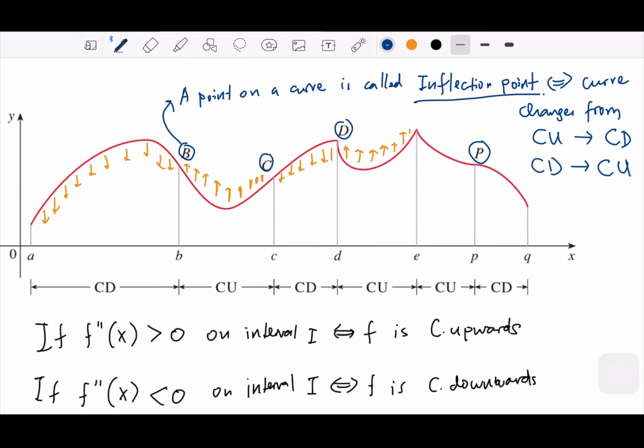So the first definition for the inflection point is when the curve is changing from downwards to upwards or upwards to downwards. Okay. But if you find the second derivative is 0, for sure, if you check there is a change, then there will be an inflection point. So whenever you have second derivative equals 0, it doesn't mean that it's an inflection point. Okay.